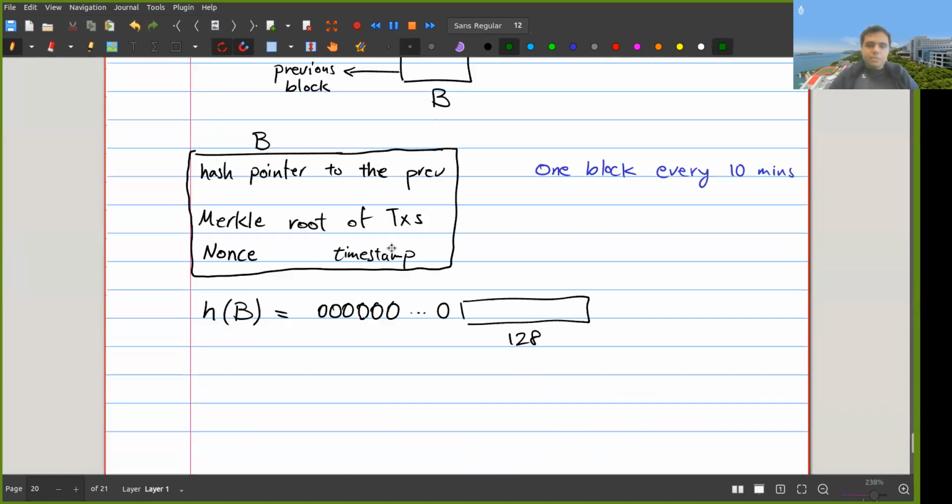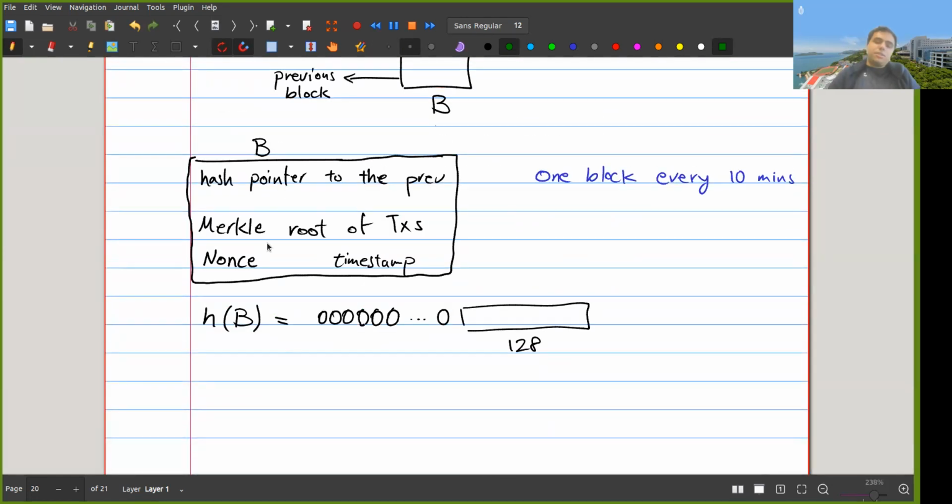Basically, in order to add a block, you have to do this repetitive, really useless computation where you just change the nonce and repetitively compute the hash, right? And this is an expensive thing to do. You will need hardware to do this, and you will also need a lot of electricity, because it's not free to do computation. And of course, it's not free to do so much computation.